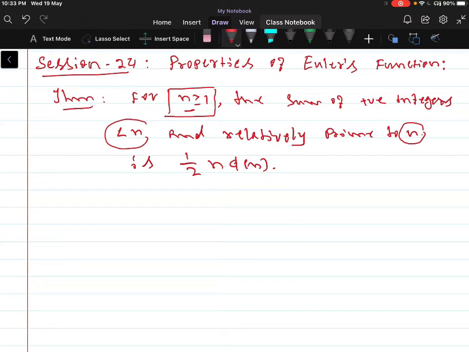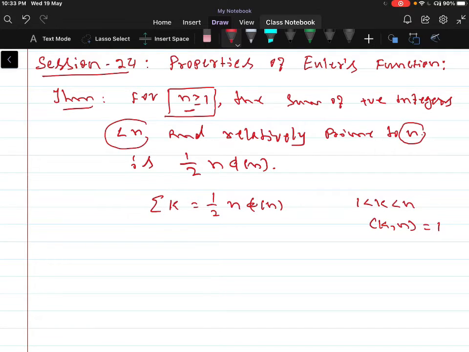So that is to prove that the sum of k is equal to 1 by 2 into n into pi of n, where k are the integers with 1 less than k less than n, such that you have to choose k values from 1 to n with GCD of k comma n equal to 1.